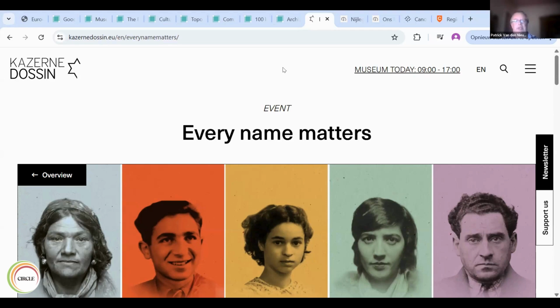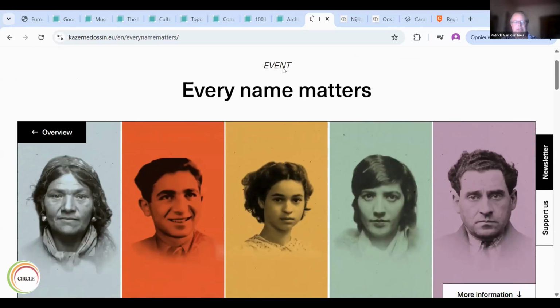But because of a good archivist there, we have the files of people that were transported, and you see some of the pictures of them because they were registering everything and making photos of the people that were transported to Germany, to the camps.